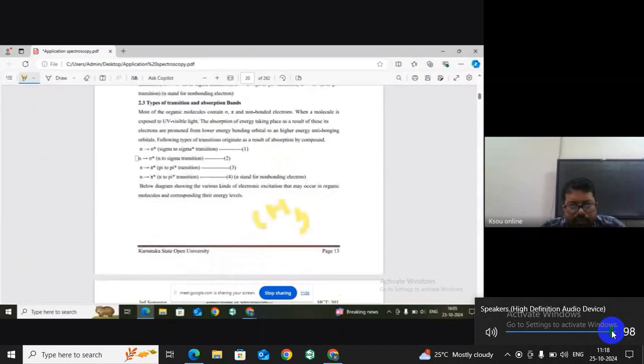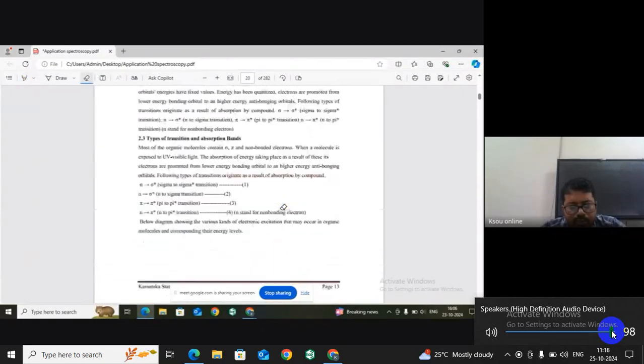First, sigma to sigma star happens in a molecule like CH4, or any CH compound, which has only sigma electrons.